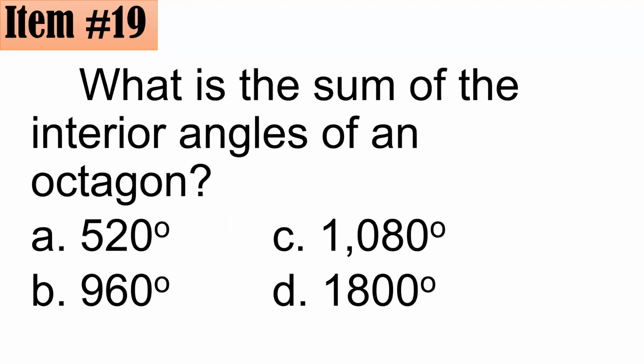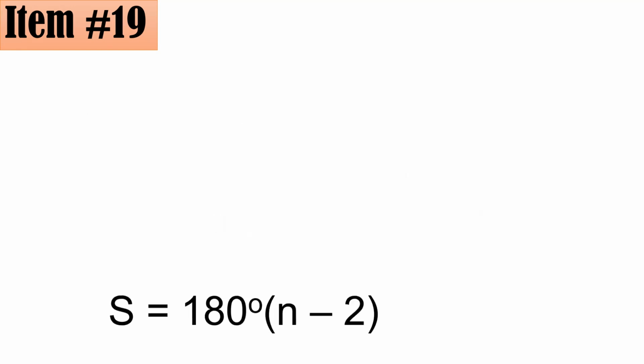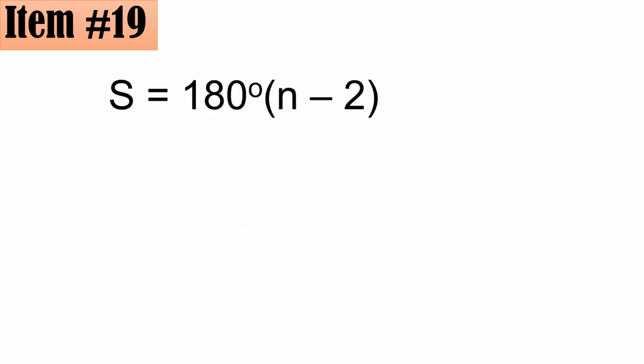19. What is the sum of the interior angles of an octagon? Did you go for 520, 960, 1080, or 1800 degrees? Letter C daw, 1080, sabi ng classmates ninyo. Tama nga ba? I believe, no? You are familiar with this.